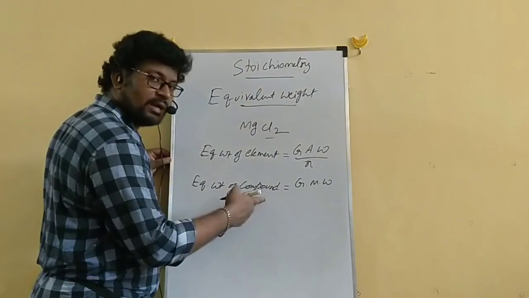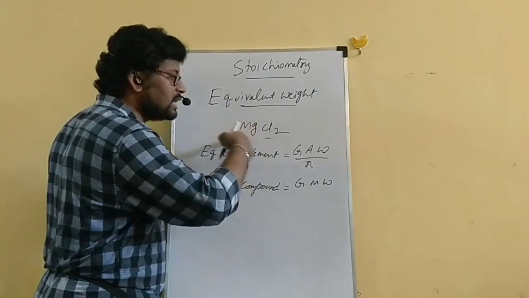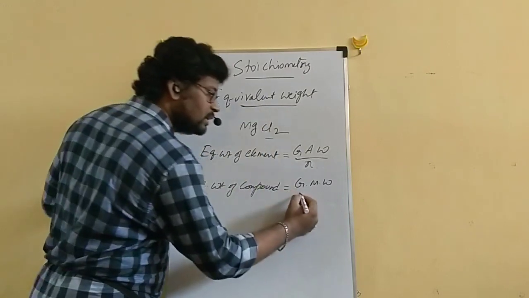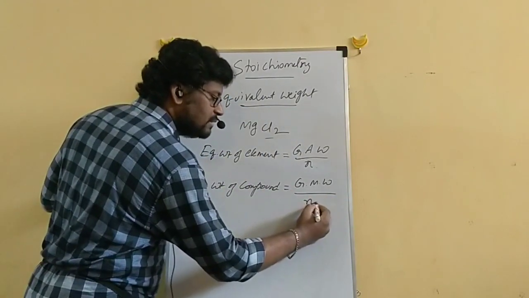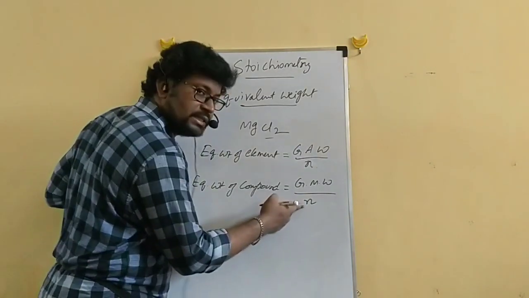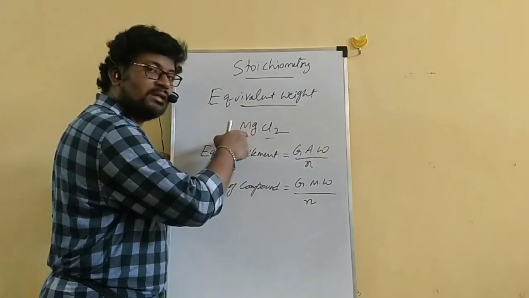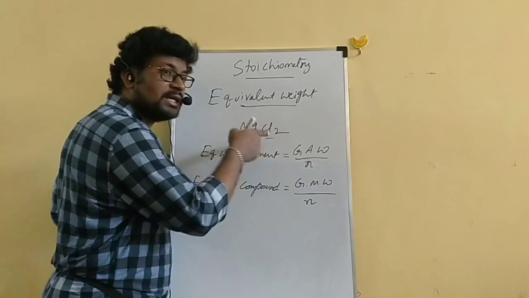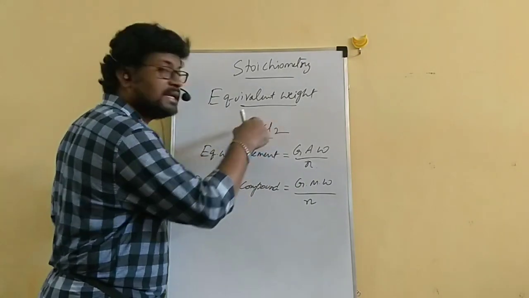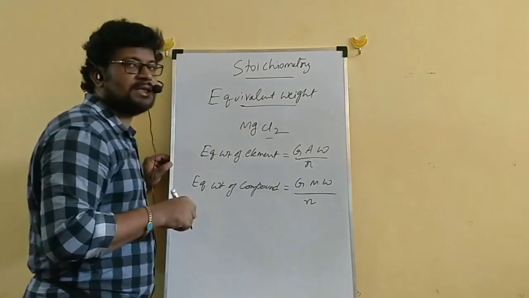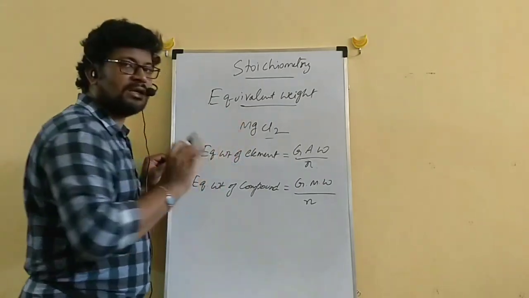Then equivalent weight of the compound is equal to gram molecular weight of this compound divided by the same N, where N is equal to total charge present on cation or total charge present on anion. Please don't consider -1. Total charge is -2.